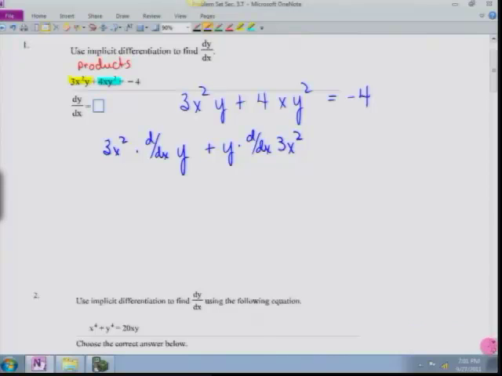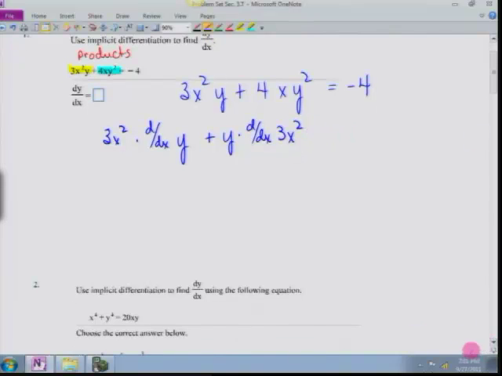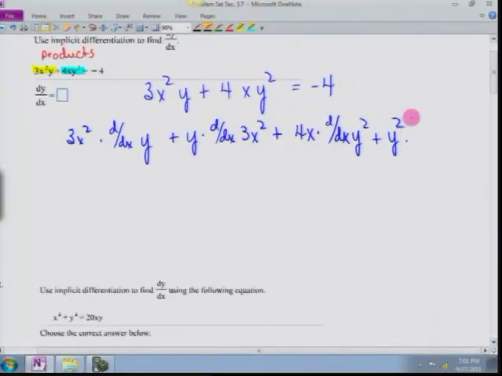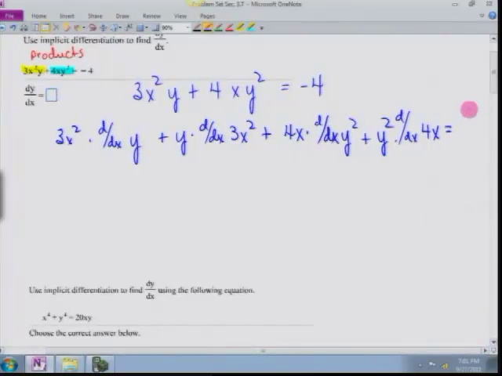Plus 4x times the derivative of y squared plus y squared times the derivative of 4x equals, what's the derivative of negative 4? 0. Okay, you always like to have those constants over there because they go to 0.